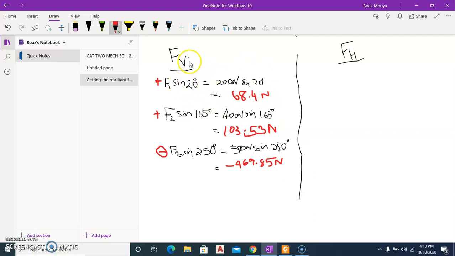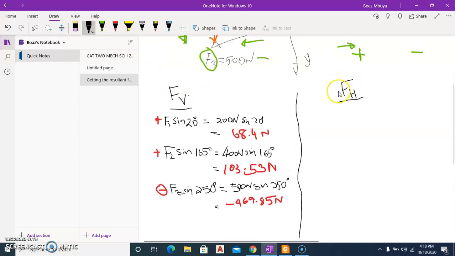So we have solved the vertical components. Now let's look at horizontal components. We shall have F1 cos 20, and that is 200 cos 20 degrees, and we'll look at the answer.